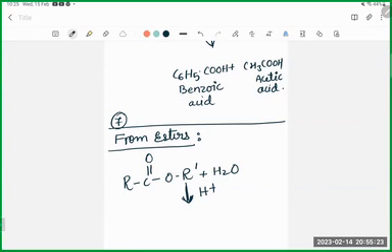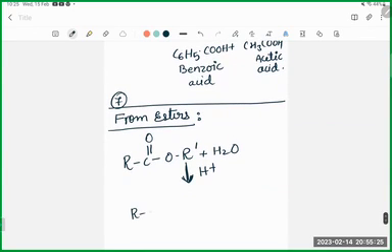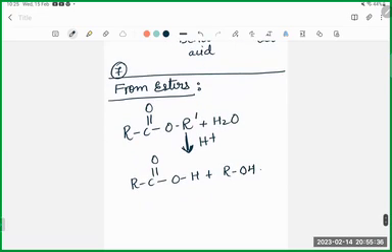We get as the product over here a carboxylic acid and OH. So from an ester, basically we get one carboxylic acid and one alcohol.